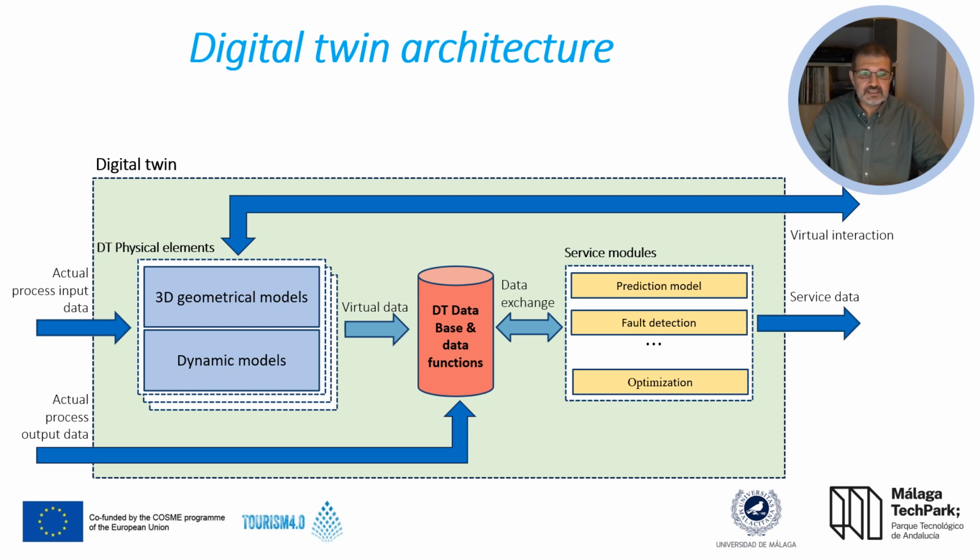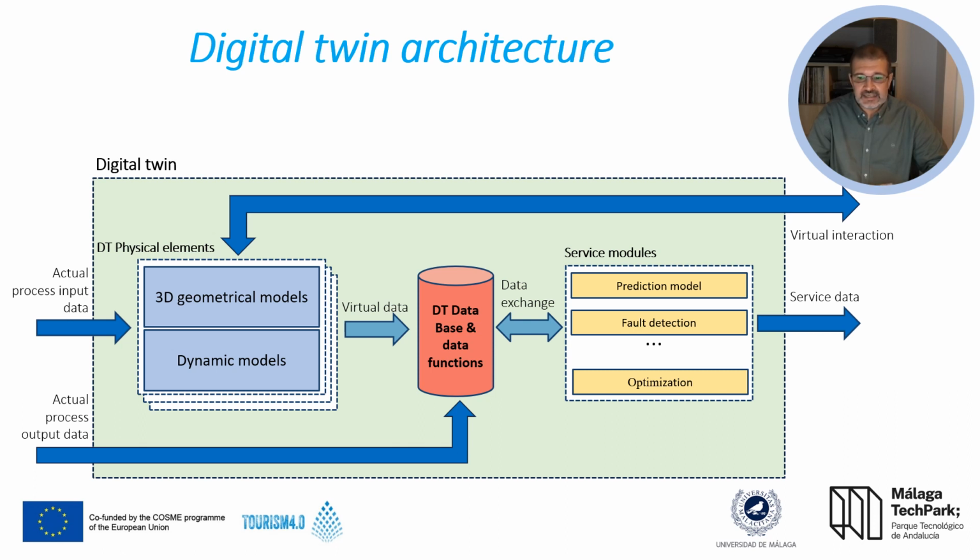Then these two models produce virtual data that are stored in a database, where in the same database are stored the actual output data of the process. This pair of data, virtual and actual data of the process, are used by the service model in order to make predictions, fault tolerance detection, or optimization of the process.